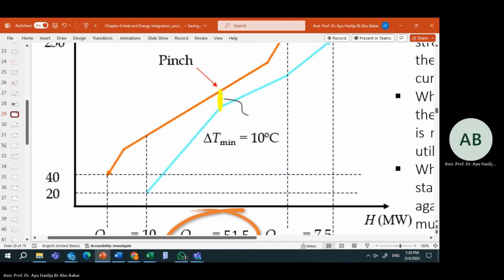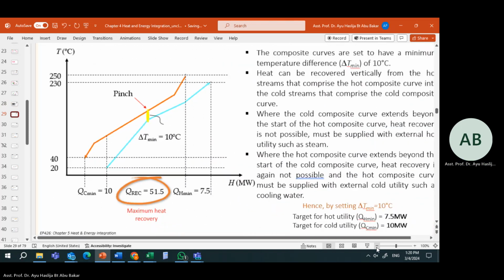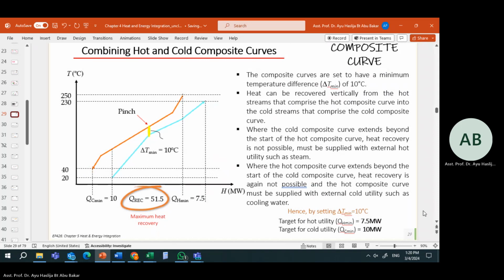Okay, now moving forward. So from just now we get this point as the pinch when delta T meets the requirement. So once you get the pinch point, then you can find out the rest.